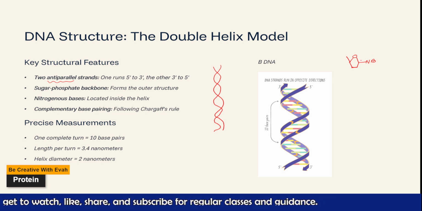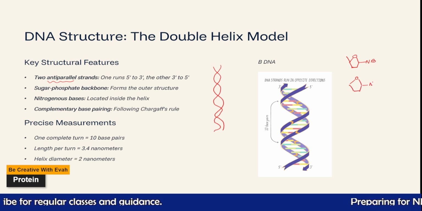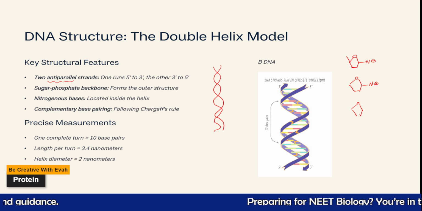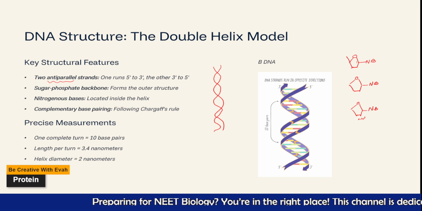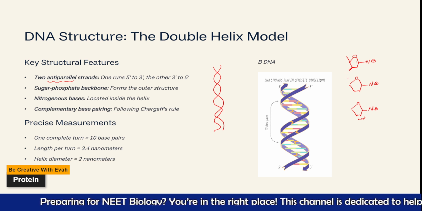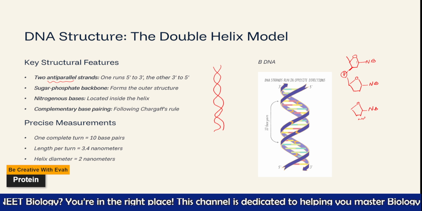One nucleotide is arranged like this. Suppose this is the first and this is the last one. The third carbon atom will be attached to the fifth carbon atom of the subsequent nucleotide.